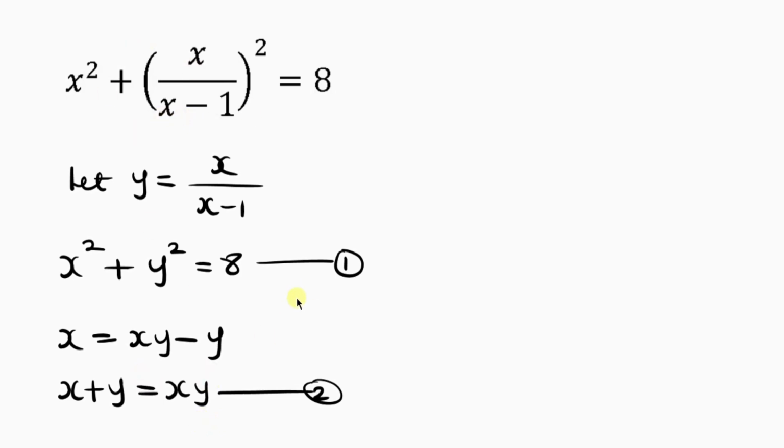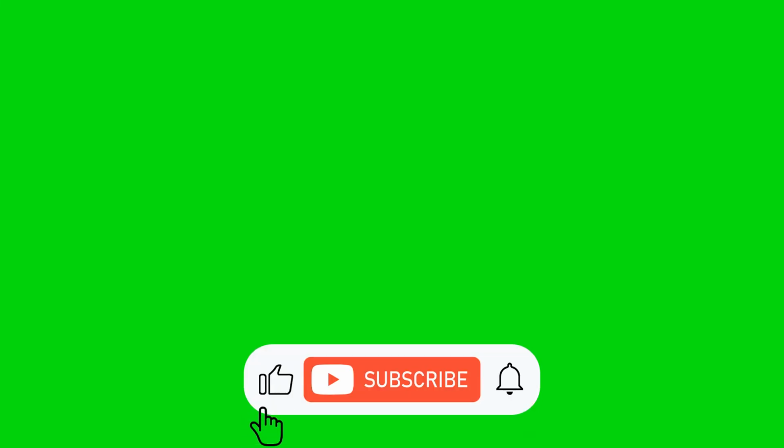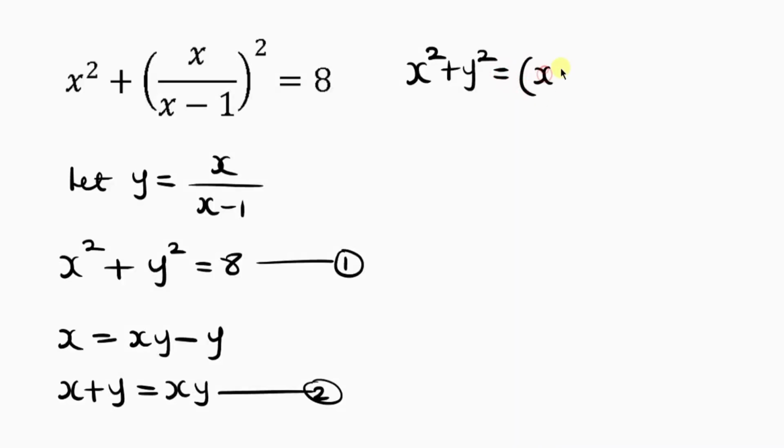The next thing I'm going to do is to bring out the identity of sum of two squares. So x squared plus y squared is equal to (x plus y) all squared minus 2xy. This is the identity of the sum of two squares, gotten from this expression here. Now I'm going to be substituting.